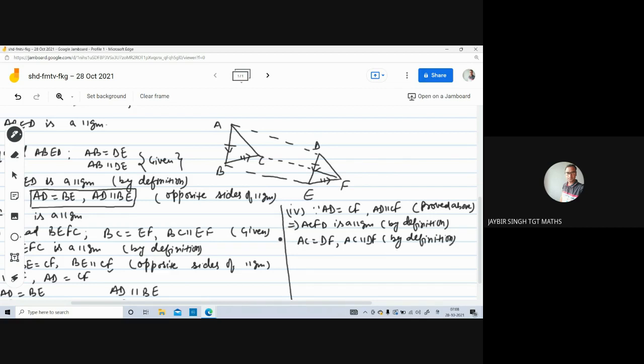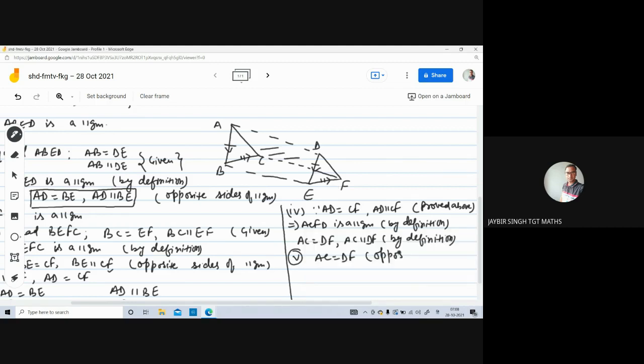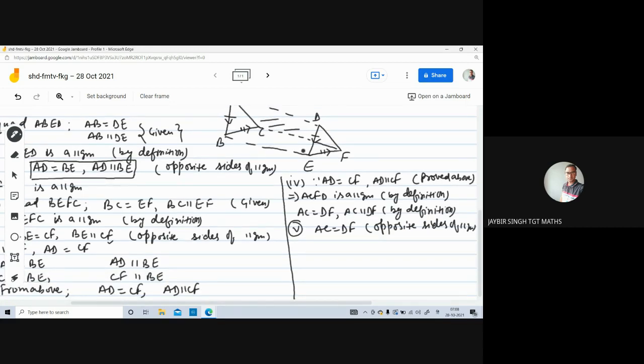Now in fifth part we have to prove AC is equal to DF. These are opposite sides of parallelogram. Because this is a parallelogram, opposite sides of parallelogram. Now sixth part, we have to prove triangle ABC and DEF.